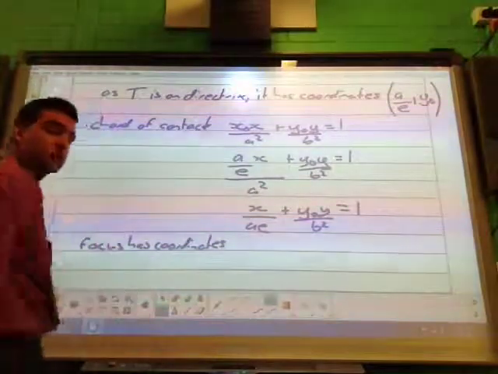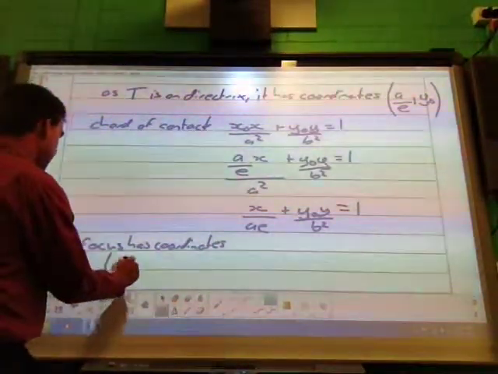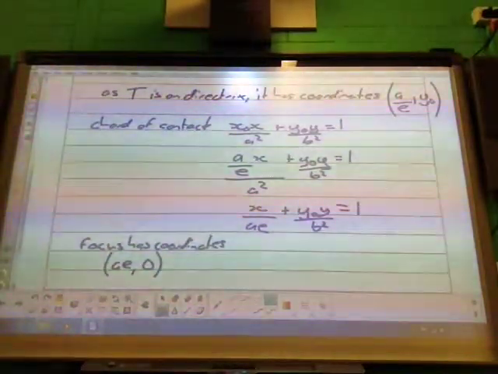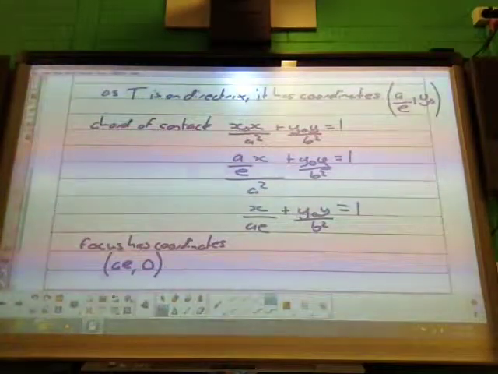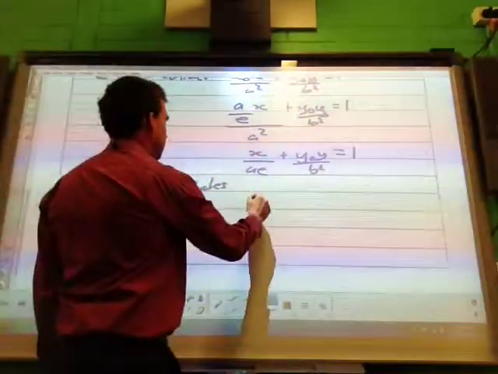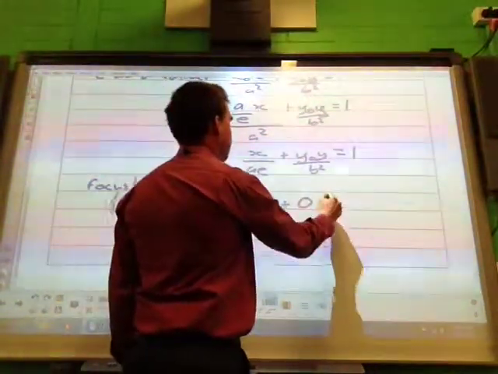What are the coordinates of the focus? ae, comma 0. We just need the positive one because that's what I'm basing it on, that particular focus. Right, so simply substitute that into your equation there. So ae over ae plus 0 is 1.